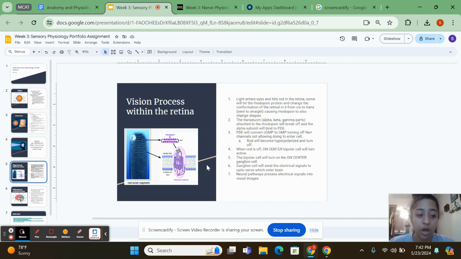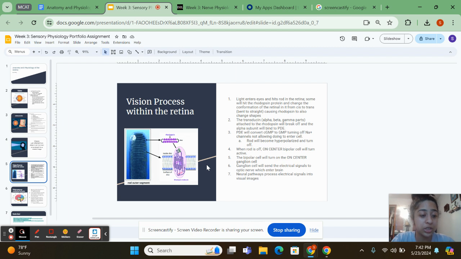In the cones, it's called photopsin, but in rods, it's called rhodopsin, and it will essentially change the conformation of a molecule within the rhodopsin called retinol, and it will go from a cis to trans conformation. So essentially it goes from a bent to a straight conformation, and this will also cause the rhodopsin to change shapes. Then there's a molecule called transducin, which contains alpha, beta, and gamma sections.